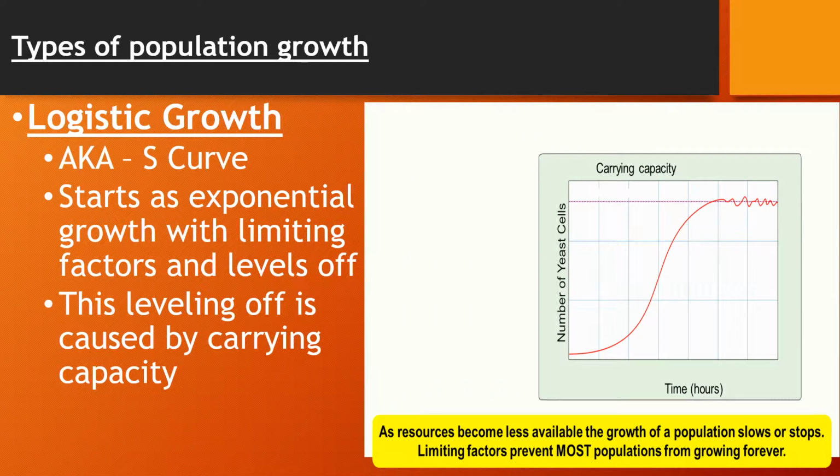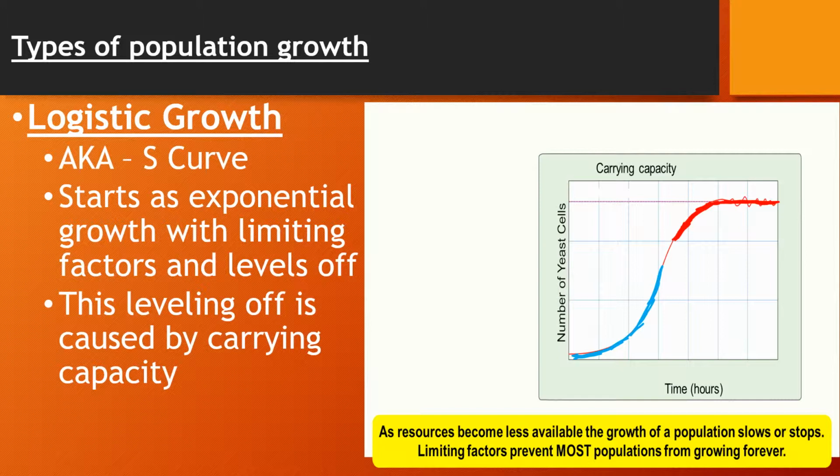And so most population growths are going to end up becoming logistic growth, also known as an S-curve. So it starts as an exponential growth, and we can see the J-curve right here, but it levels off after it encounters a limiting factor, preventing the population from growing any further.